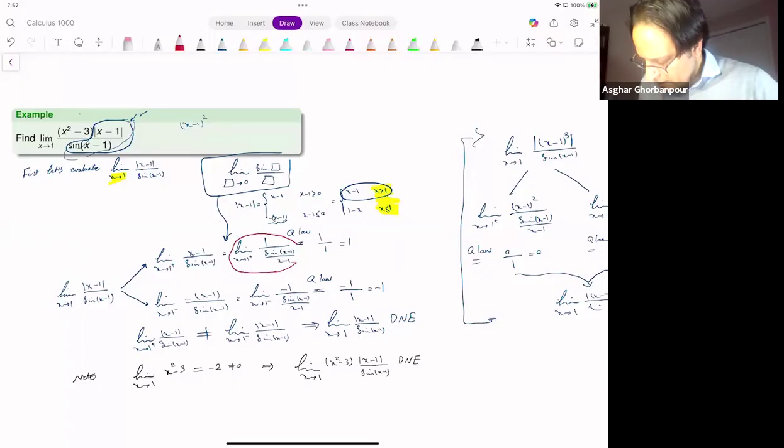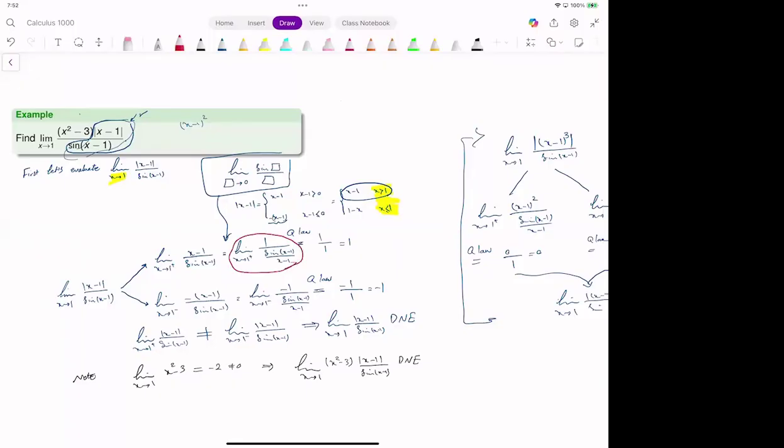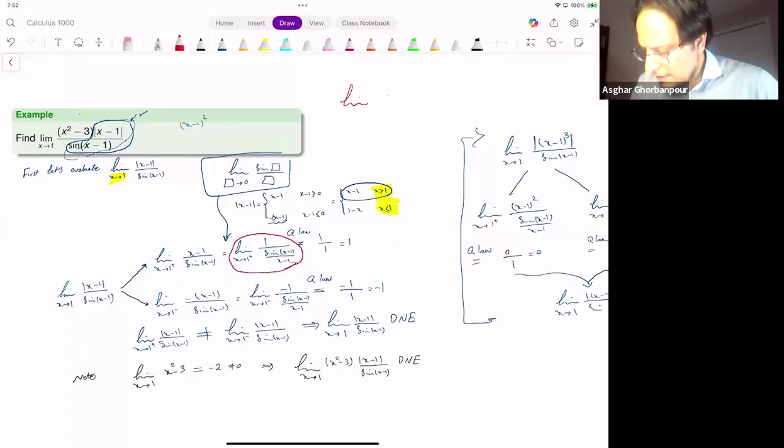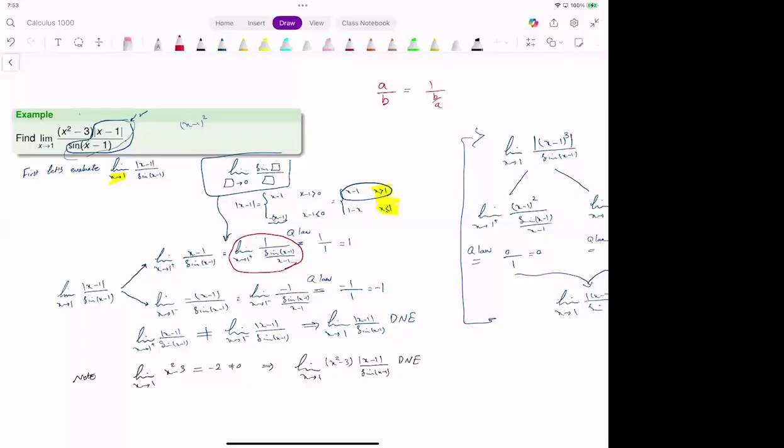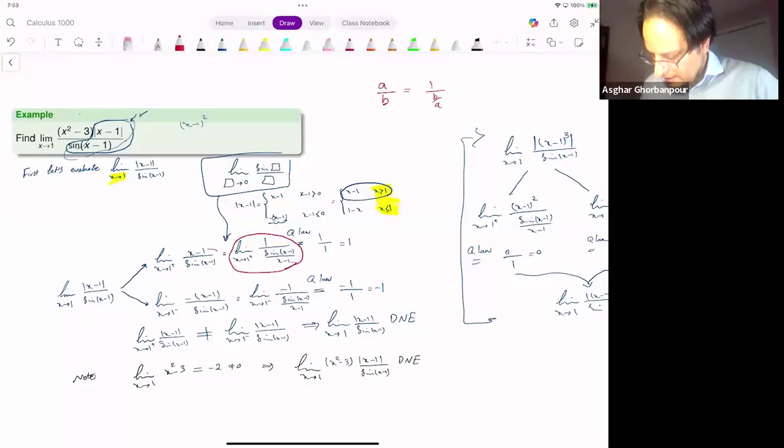Yes. So this is just algebra, so it's not about limits. It's a over b is 1 over b over a. Oh, okay. I'm just taking this down there, yes?